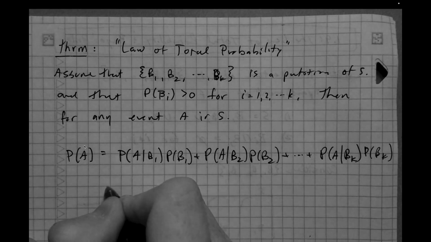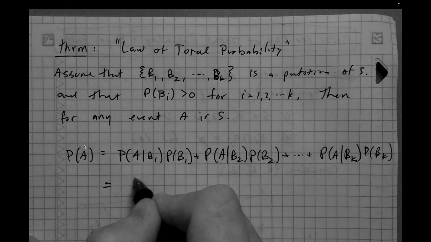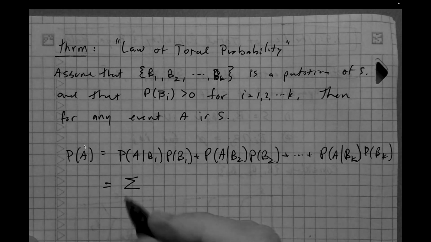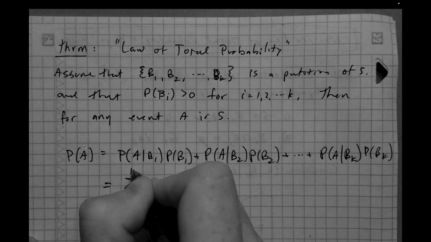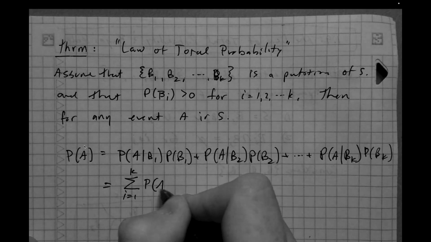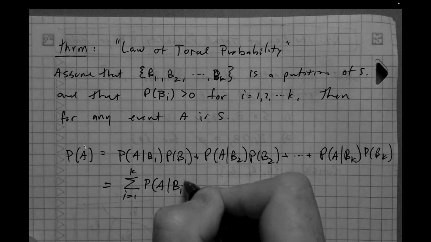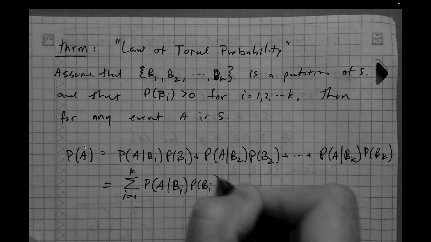And then, of course, this can be written much more succinctly using sigma notation as the sum from i equals 1 up to K of the probability of A given Bi times the probability of Bi.